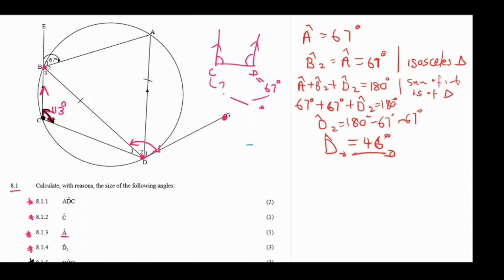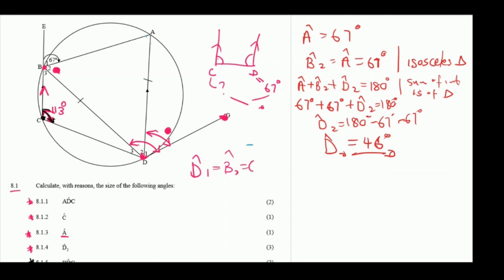So for us to find that angle, the first thing we need to do is this. We know that DG is a tangent, right? So meaning D1, this side here, let me use this shaded, it's actually equal to B2, right? So D1 is equal to B2.